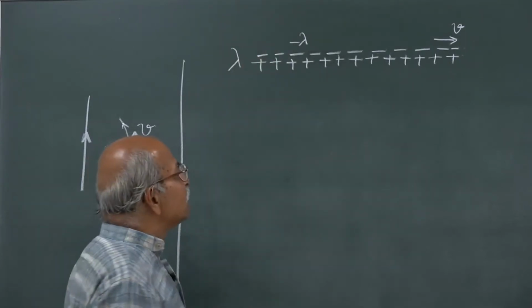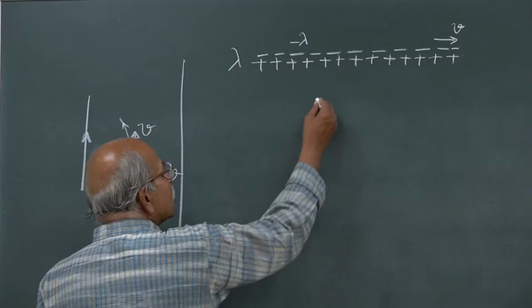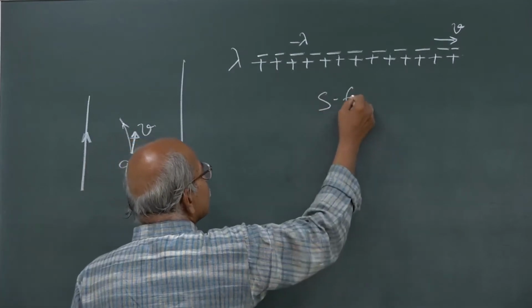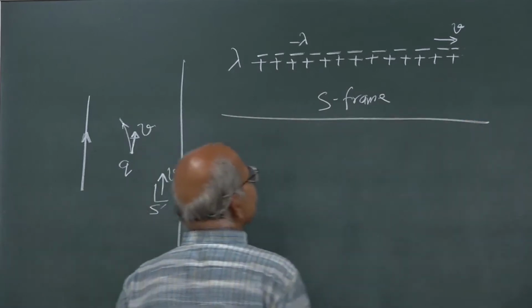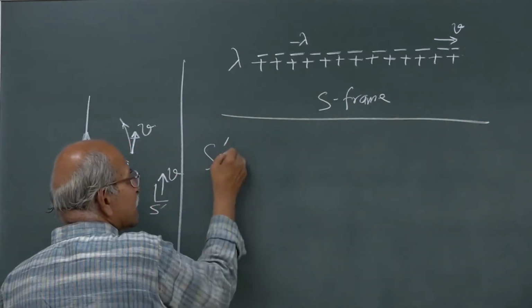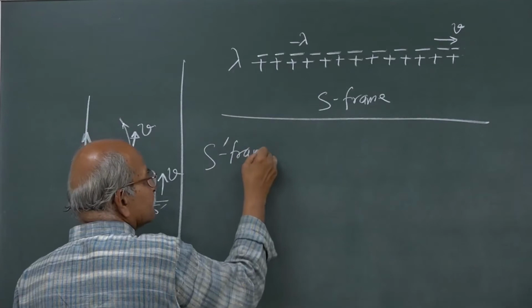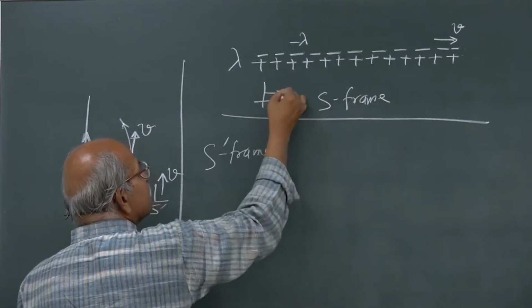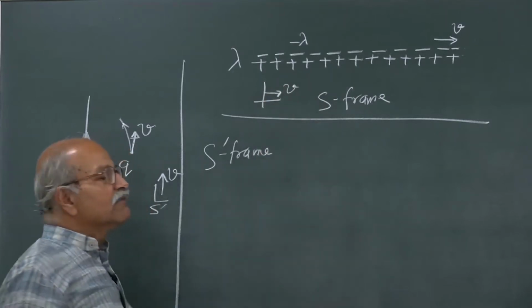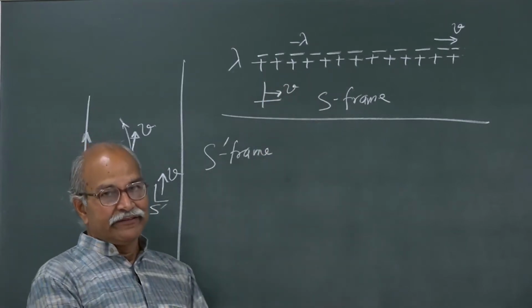Now, suppose you look at this same situation from the S prime frame. So, this is from the S frame, and then you look from the S prime frame, which is moving with respect to S in the positive x direction with a velocity v.